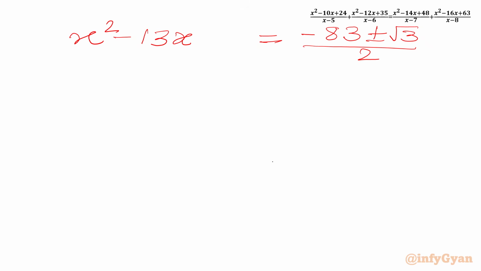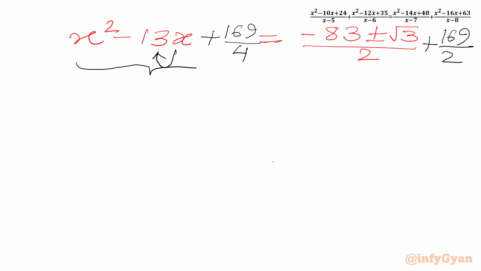Now we have the coefficient of x in the LHS, -13. Half of -13 is -13 over 2. The square of -13 over 2 is 169 over 4. So we have to add 169 over 4 to both sides. Now the LHS will provide us one perfect square of (x - 13/2). And in the RHS we will simplify.